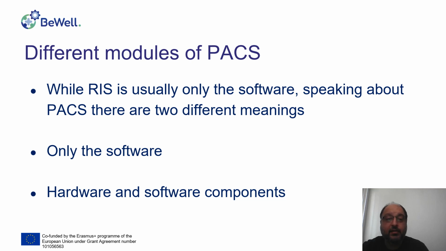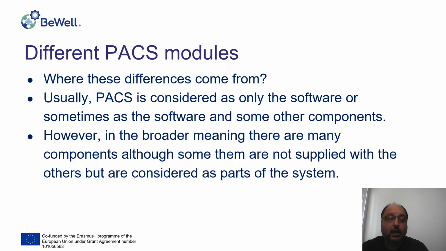Sometimes it is considered with complete hardware and software components. However, these differences exist because the picture archiving and communication systems include some parts that are usually not supplied with the software, and the software is supplied with some of the hardware but not with all of it.